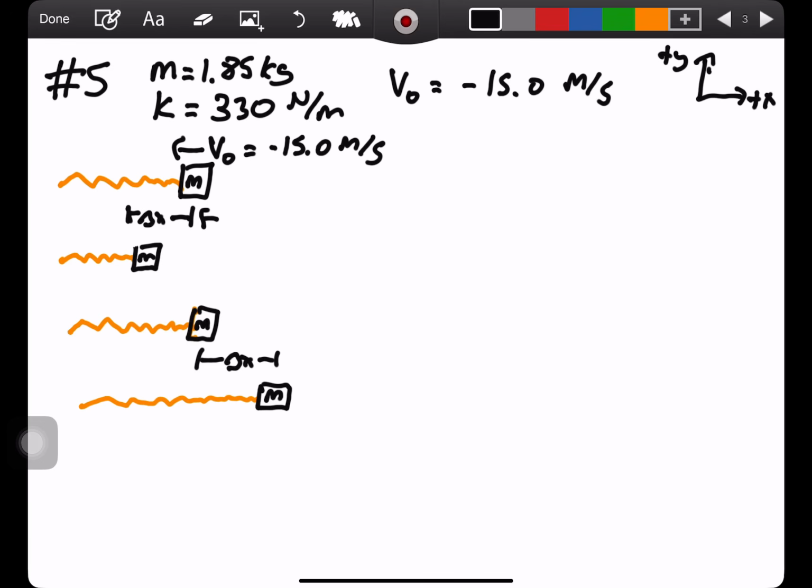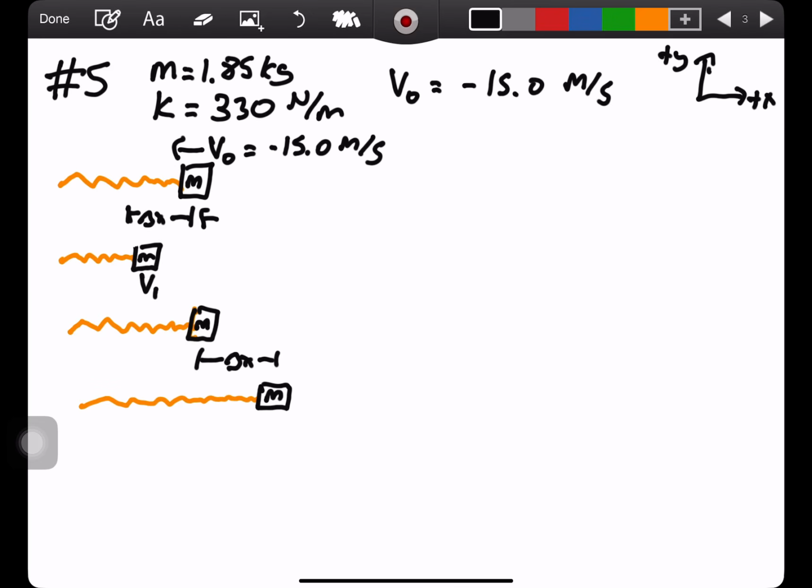So I've got 4 different times here. We're going to say that the initial time, that's the initial setup of the problem. The mass is moving to the left, 15 meters per second. It's going to keep moving to the left until eventually the squishing of the spring stops. And there's a moment where the velocity of the mass, which I'm going to call v1 here for time 1.